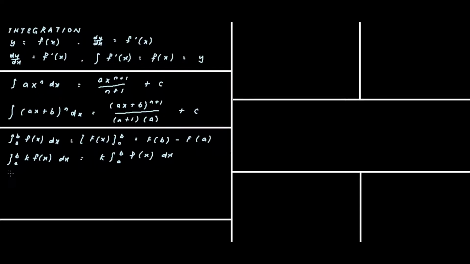The next one is if you have something that is plus and minus: f x plus or minus g x, the sum or the difference of the functions. In this case, you can split it into two. You integrate f x first, then integrate g x, follow the sign that you have in your function, and then plus or minus them together.